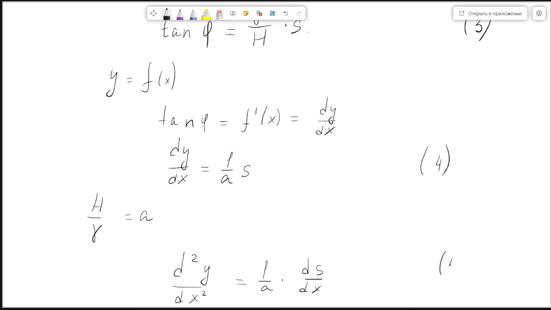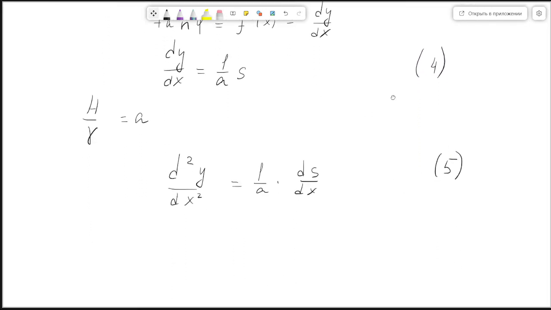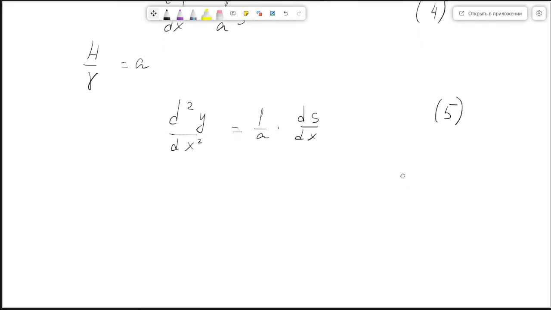Formula 5. But as we know, ds over dx equals square root of 1 plus dy over dx squared.